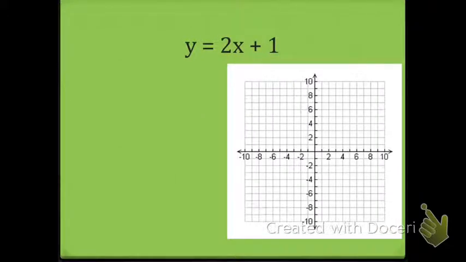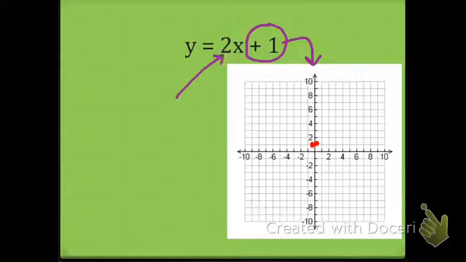Our first example being y equals 2x plus 1. So we would look right there at the y-intercept, remembering the y-axis is the vertical one, and you put a dot at 1. And that's your first dot.